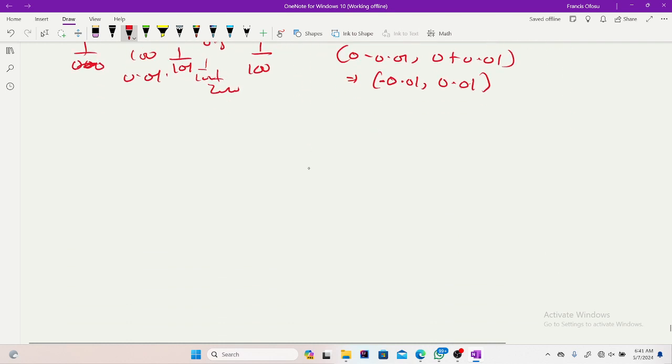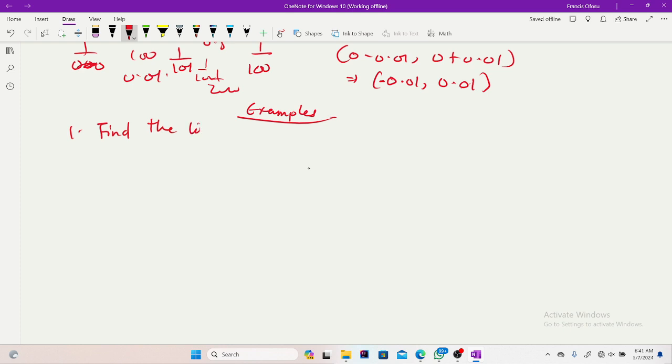So randomly, let's take some examples here and solve for limit points. Example 1: find the limit points of the interval 0, 2. If they ask you to find the limit points of an interval, you just have to choose a random number.